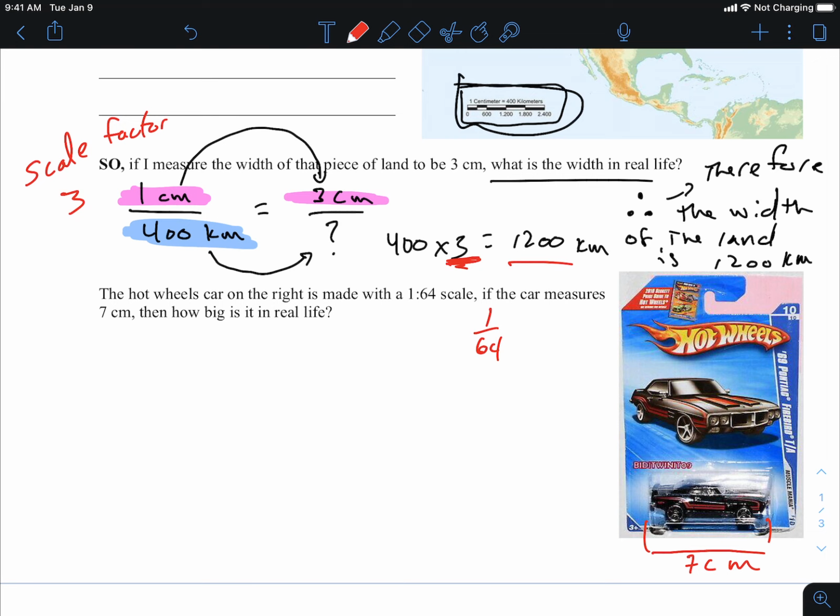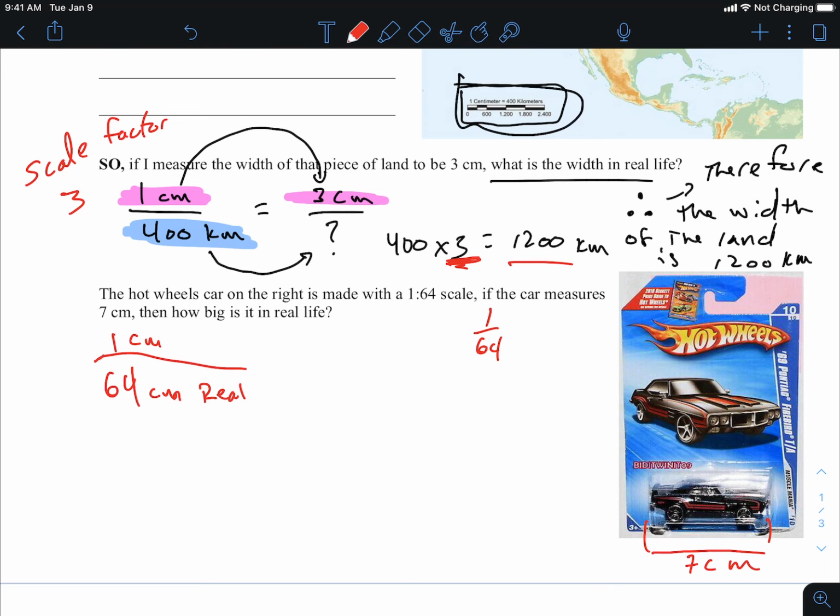Okay. Here's what we gotta figure out. We know that the car is 1/64th the size. This one's a little trickier, but the units are the same, and we'll say in real life. So 1 to 64 in real. Is everybody okay?